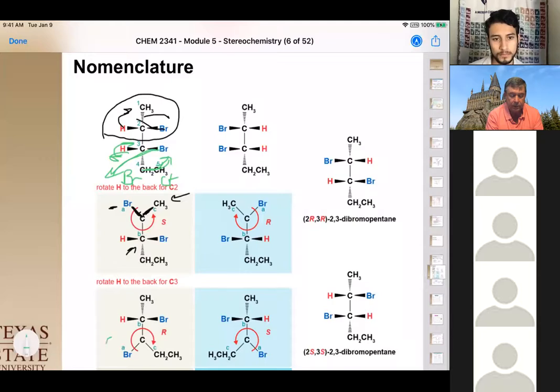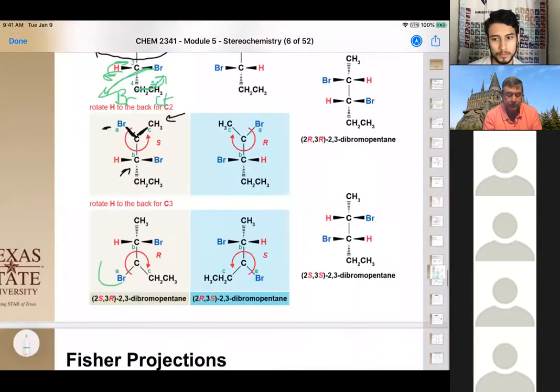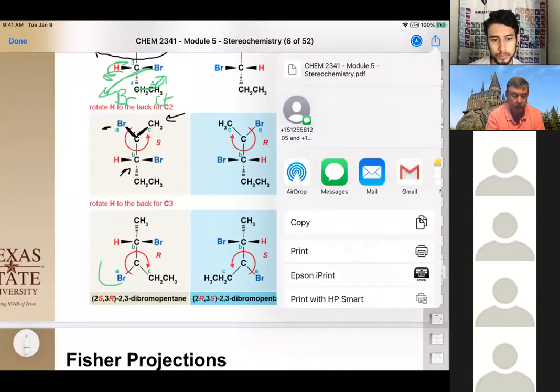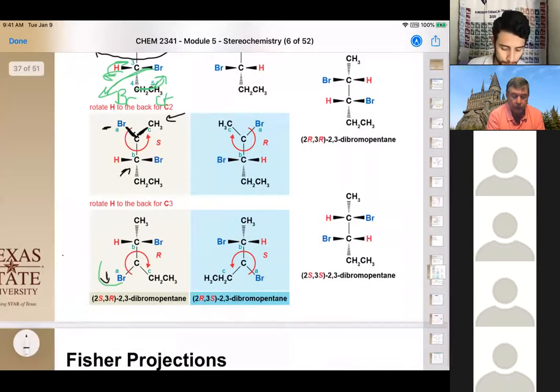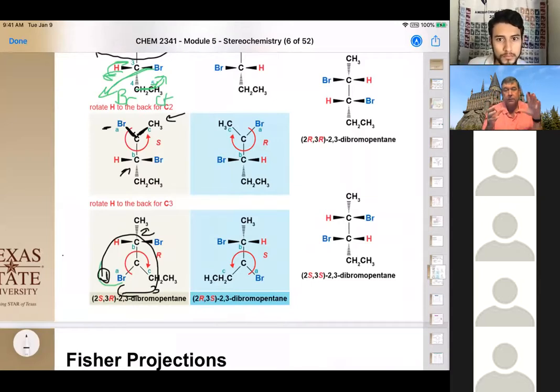And that's what we see down at the bottom of the screen. When we assign our priorities, bromine is 1, the carbon with all the stuff on it is 2, this is 3, and our hydrogen's back, 4. So we have 1, 2, 3 clockwise, which means we have R.